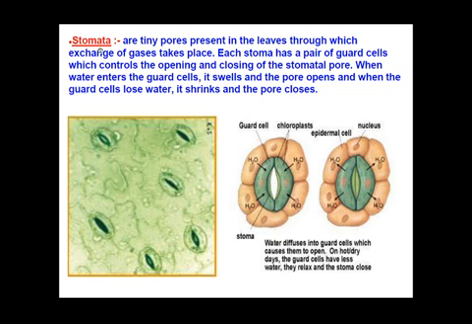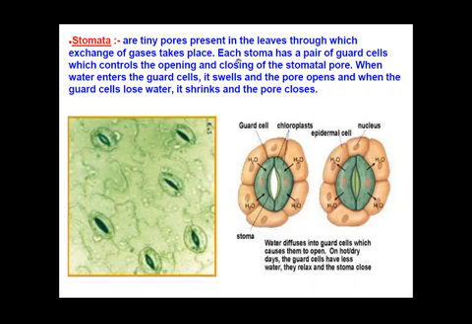So now, what are stomata? We have studied it in earlier classes also. These stomata are the small pores which are present in the leaves, and generally they are present in the lower surface of the leaf. As you can see, in the lower epidermis they were present in the cross section of the leaf.